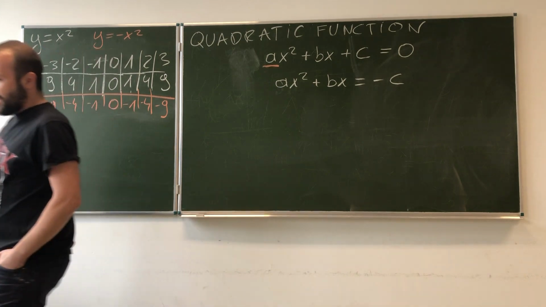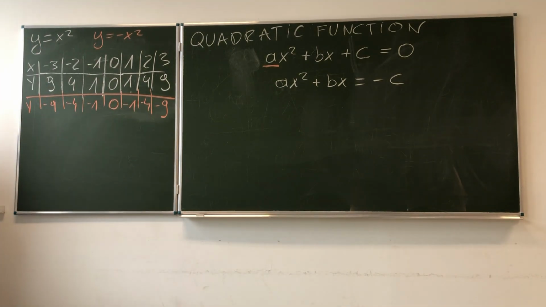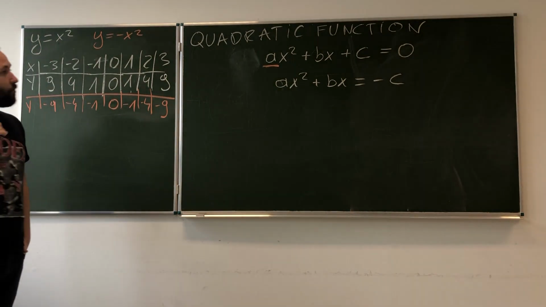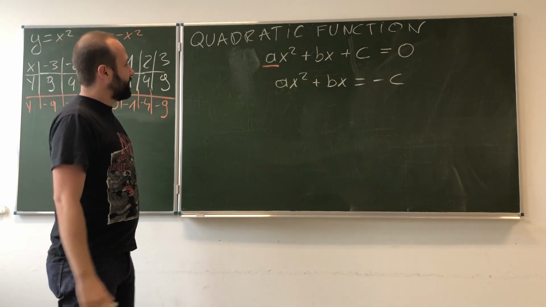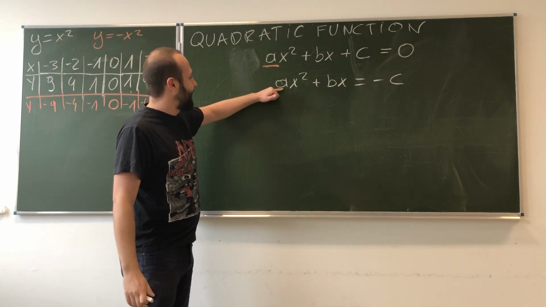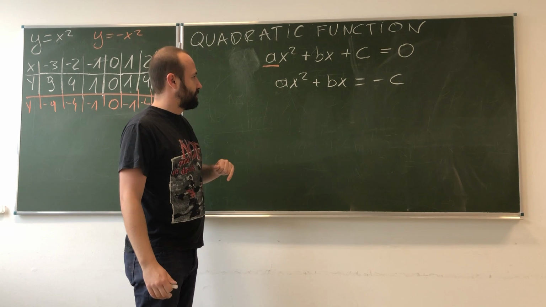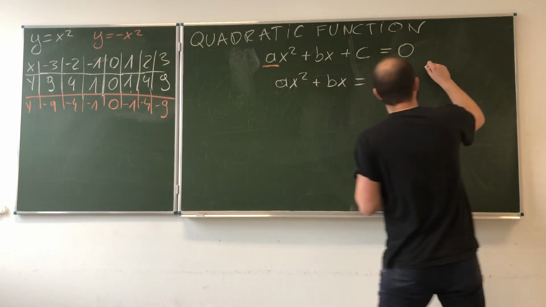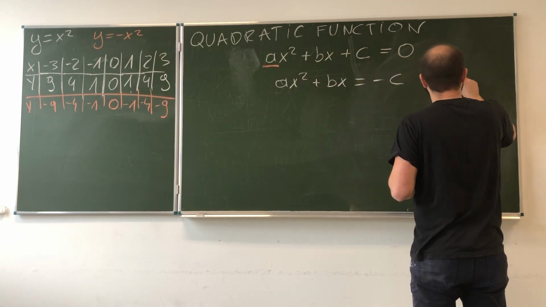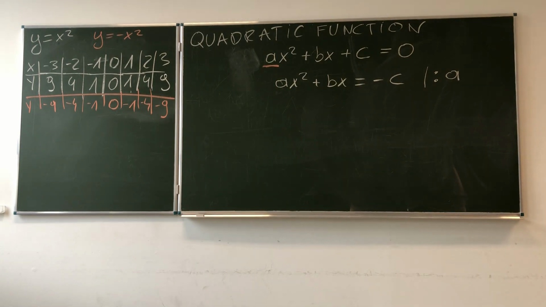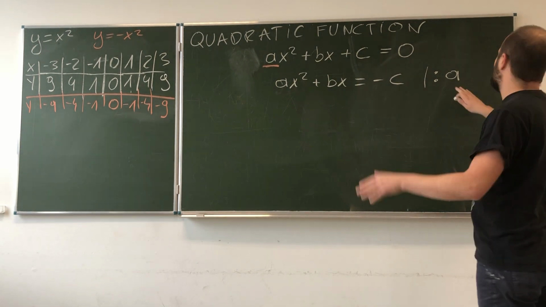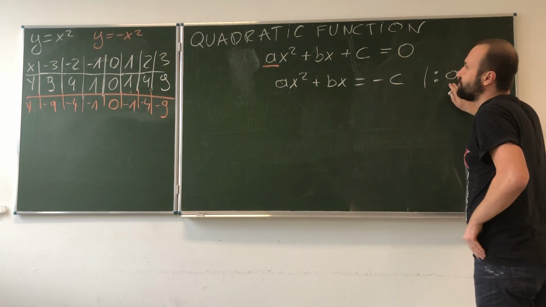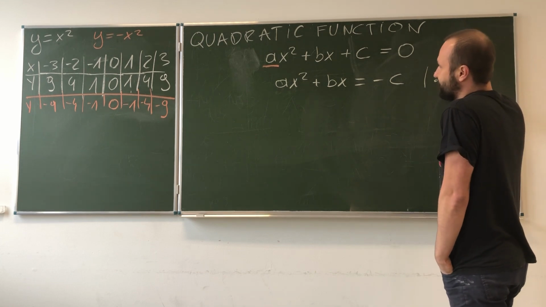Okay. Then, in the second step, what I want to do is to get rid of A next to x squared, right? So now, I'm simply dividing both sides of this equation by A. For these purposes, we of course assume that A is different than 0.